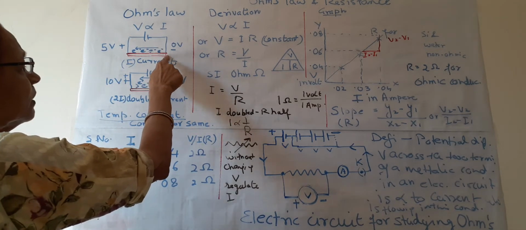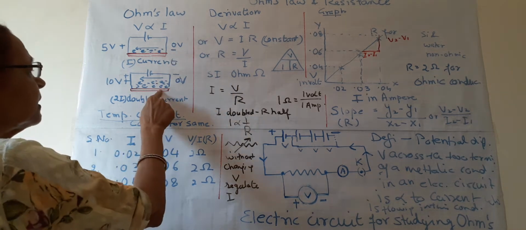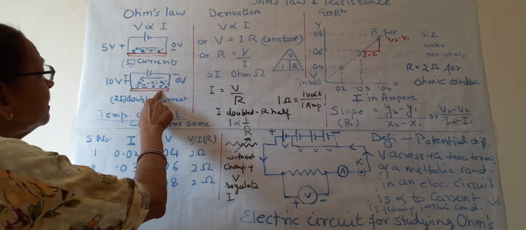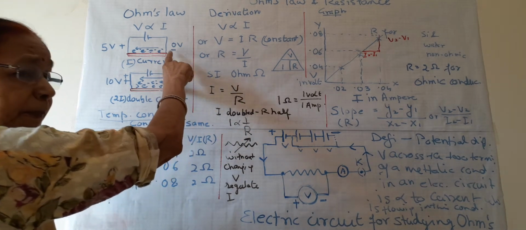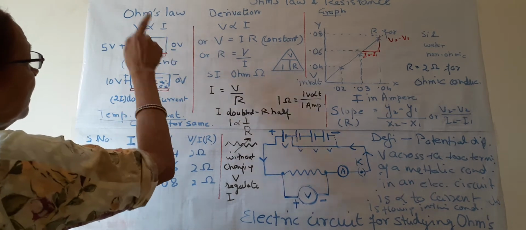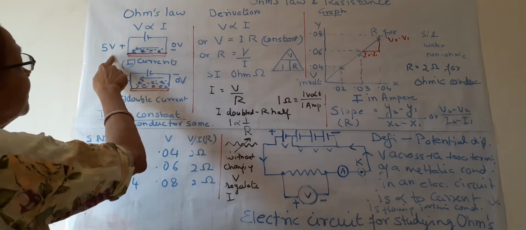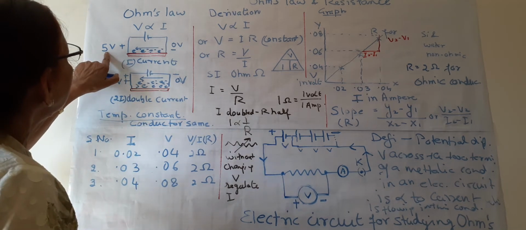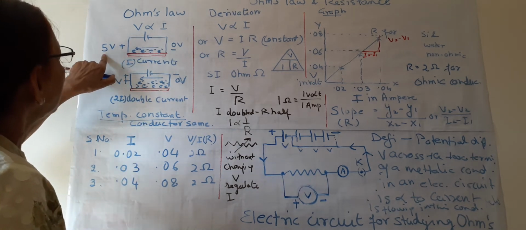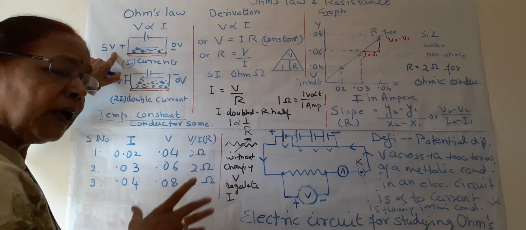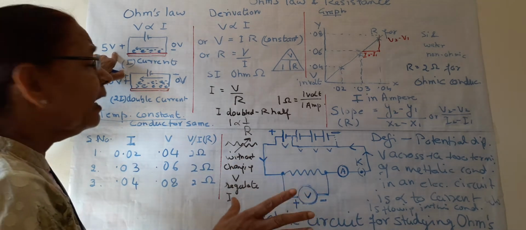This is the electric conductor and the same metallic conductor is here. Both are same. This is the electric circuit. Suppose on this terminal of this conductor, the potential difference on the positive side is 5V. And the total potential difference is 5V.